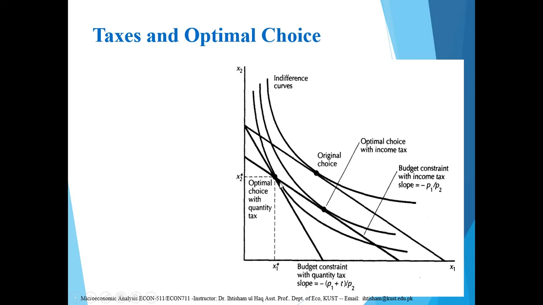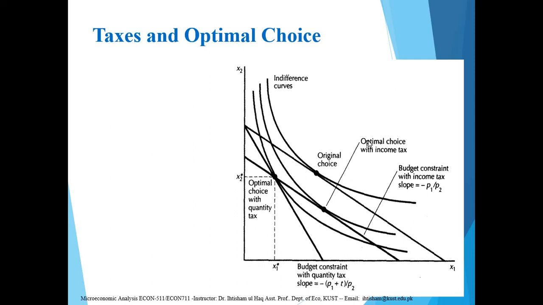However, if you compare this optimal choice with the income tax, our consumer is getting a higher level of satisfaction with income tax, as the indifference curve is higher compared to the quantity tax.